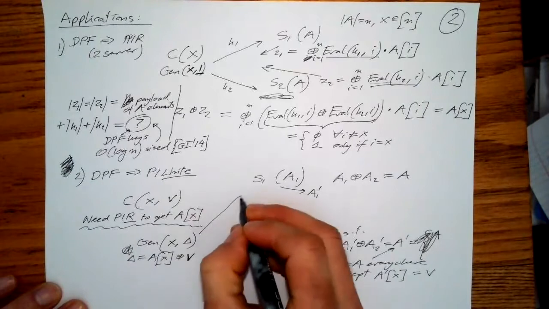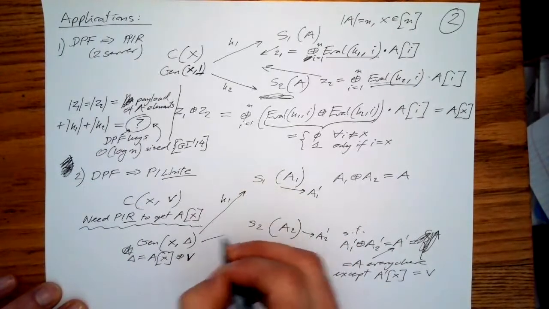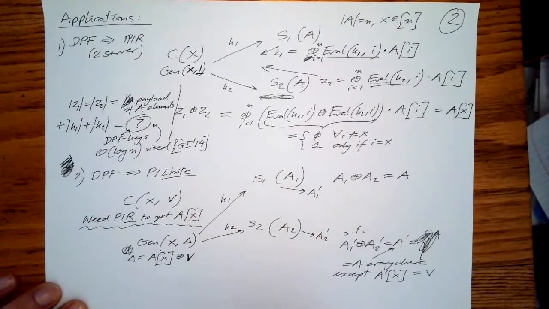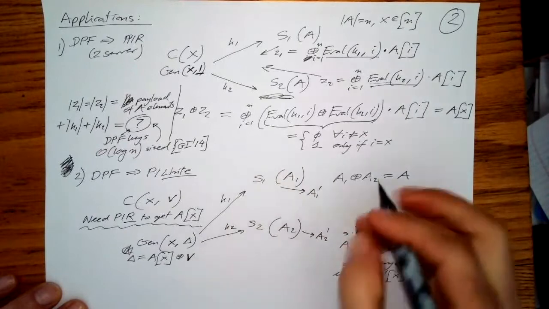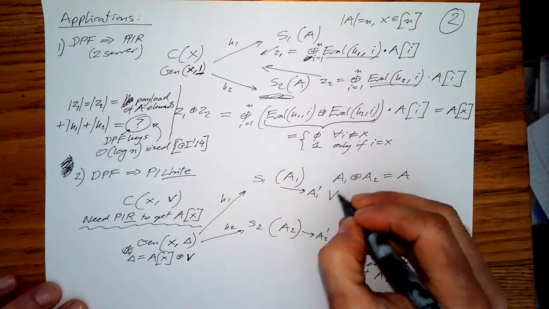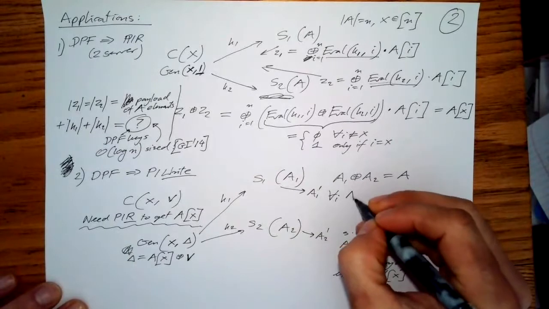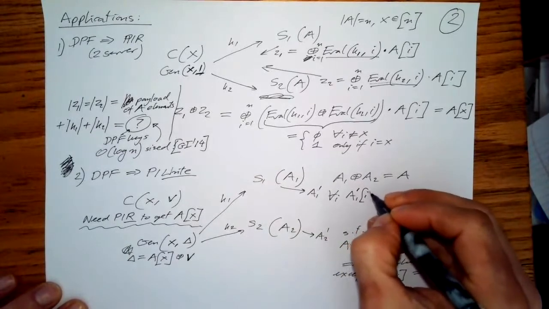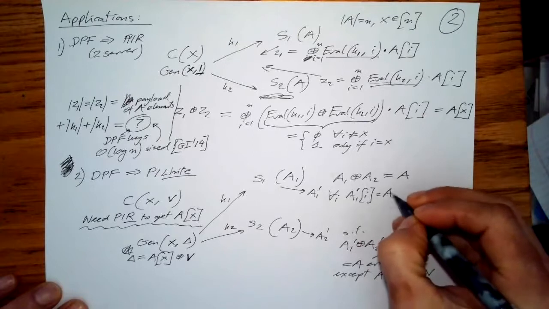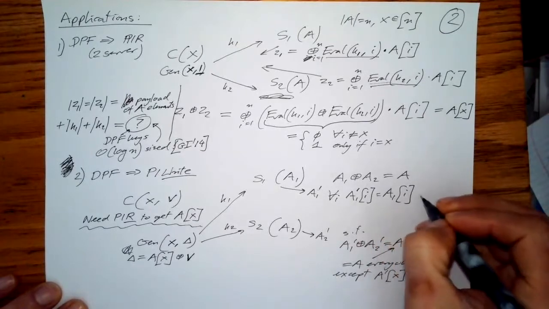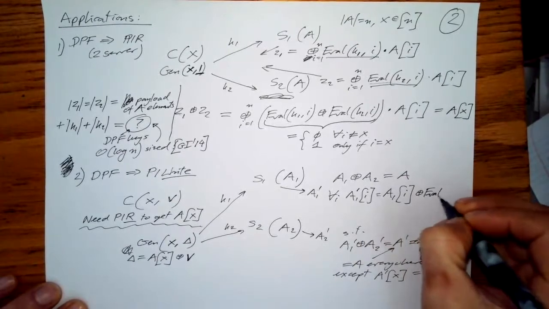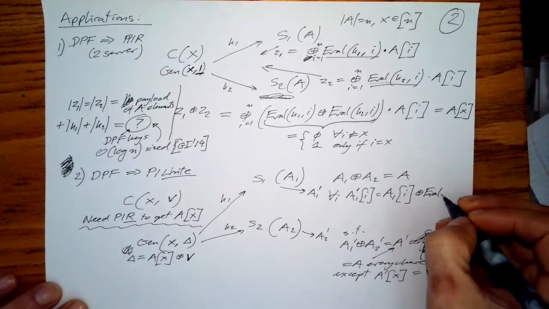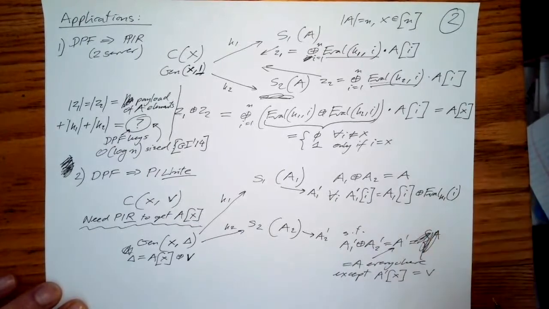Okay, and this generates two keys. And the way that the servers will use these keys is to do the following. For every I, A1 prime at I is A1 at I XOR the eval using key K1 at I. And A2 does the same.